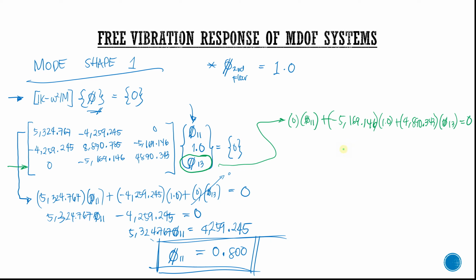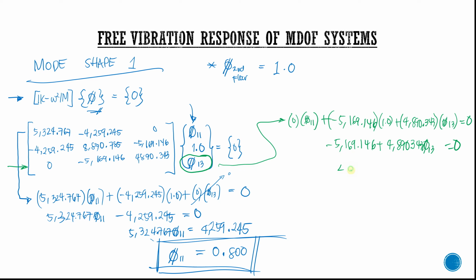Same thing, you just simplify this out. If we write the whole equation, we have negative 5,169.146 plus 4,890.343 phi 13 is equal to 0.